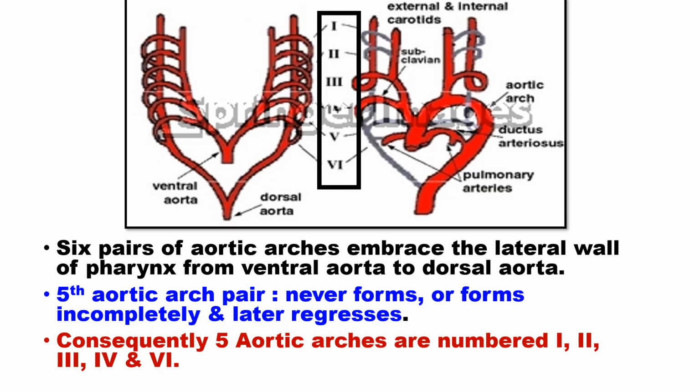So, 6 pairs of aortic arch arteries embrace the lateral wall of the pharynx from the ventral aorta to the dorsal aorta. The fifth aortic arch pair never forms or forms incompletely and later regresses. Consequently, the 5 aortic arches are numbered as 1, 2, 3, 4 and 6, in Roman numerals.